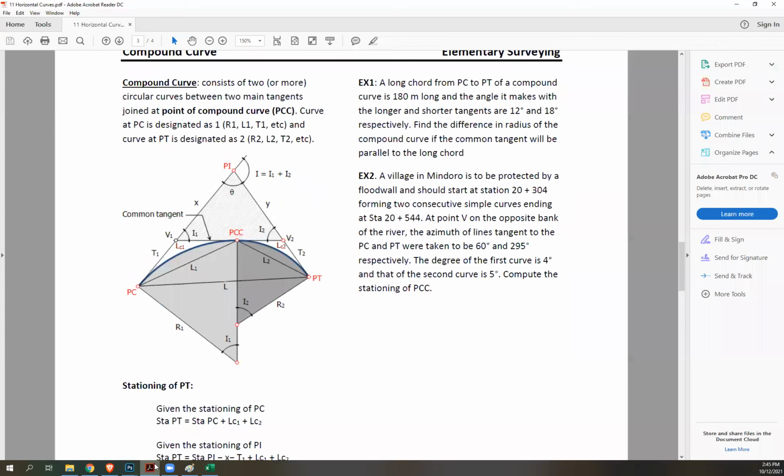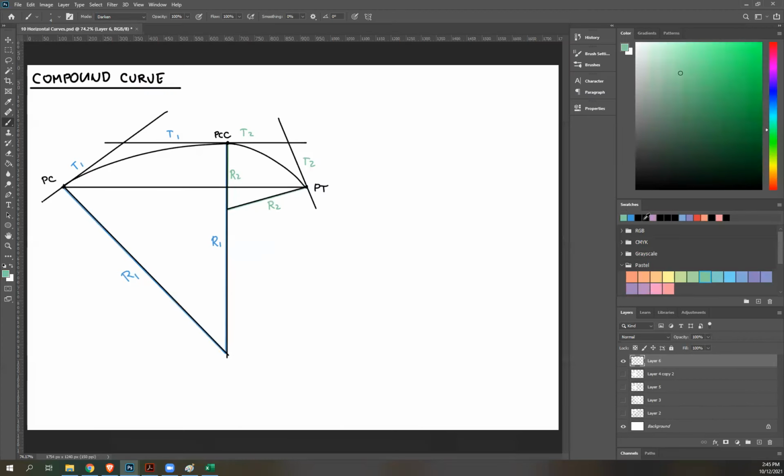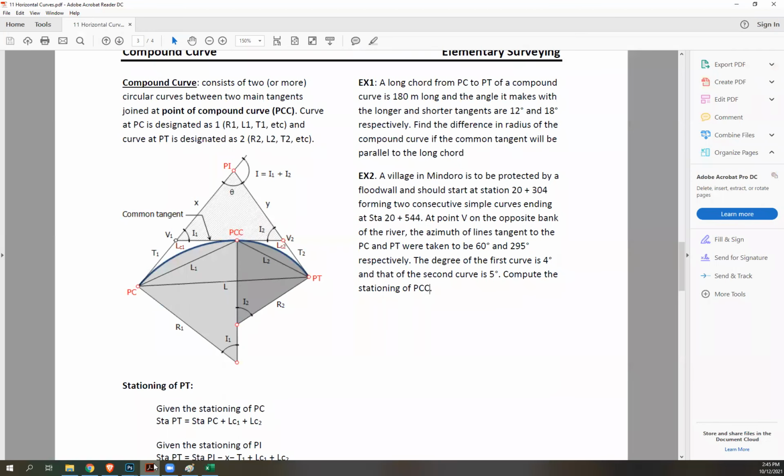Next, let's write the given. That entire thing is 180. So this length, the entire long chord, is 180 meters. What else? A long chord, compound, the angle it makes with the longer and shorter tangents are 12 and 18 respectively.